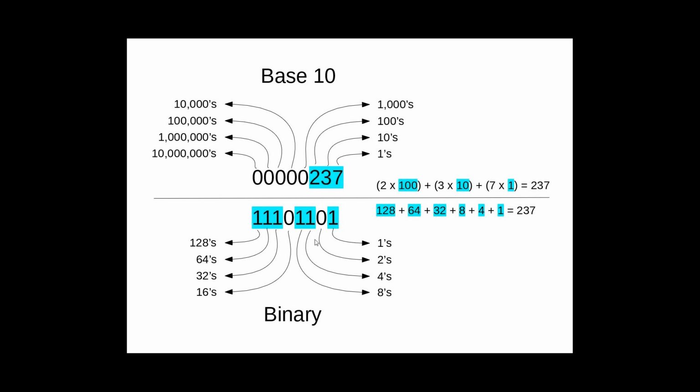So what we do is we add them. We've got 1 in the 1's place, 1 in the 2's place, and 1 in the 4's place. So you can see if you add 1 plus 2 plus 4, you've got 7.